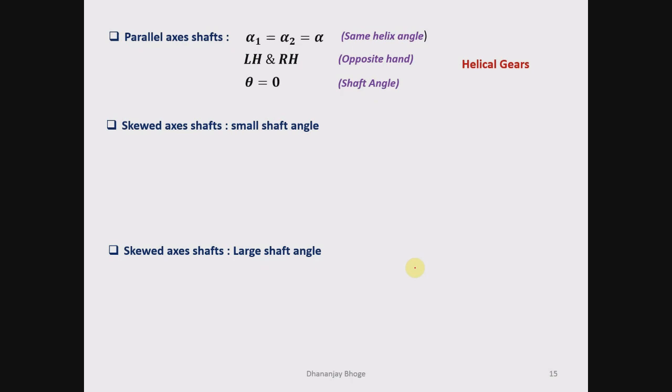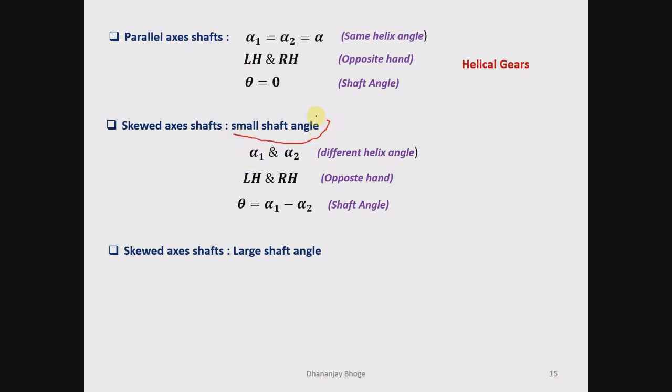आता skewed axis shaft with small shaft angle, alpha 1 and alpha 2, different helix angles. Opposite hand of helices, shaft angle is alpha 1 minus alpha 2. Okay, spiral gears with small shaft angle.